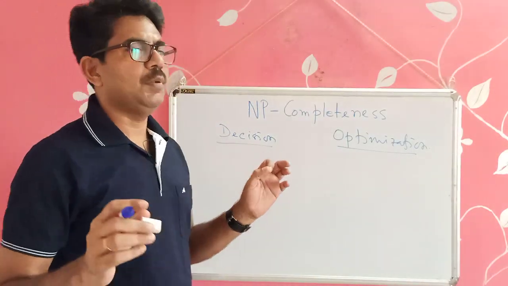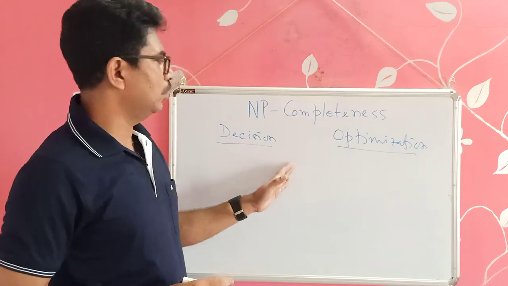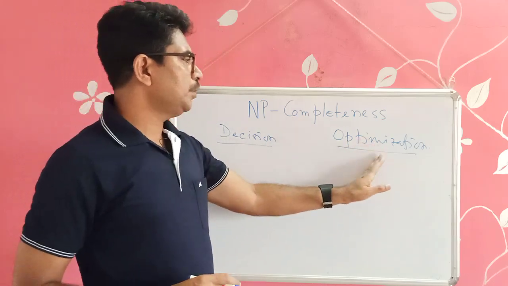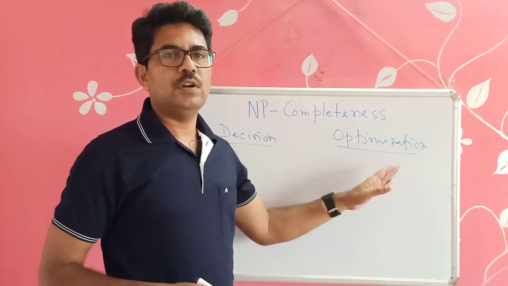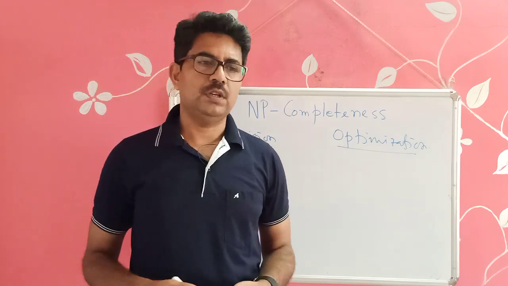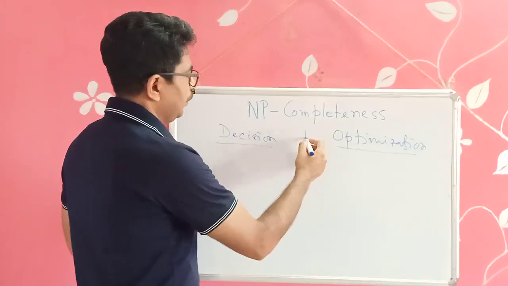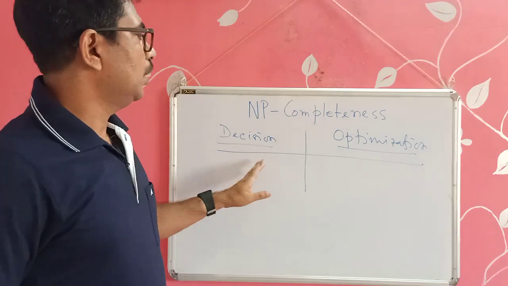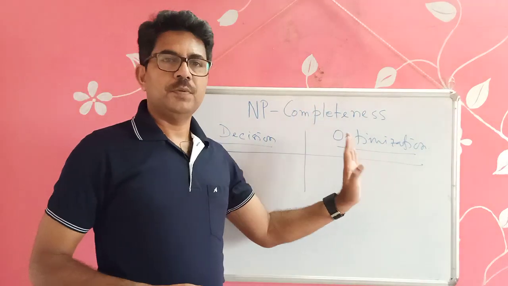Decision means we have a problem, and we have to check whether it is satisfiable or not, that means whether it is yes or no. Optimization means there are a number of items, and we have to go for an optimized solution so that the profit or loss, or whatever the output, must be optimized. So we have two different kinds of problems that can be solved by applying computer algorithms: decision problem and optimization problem.